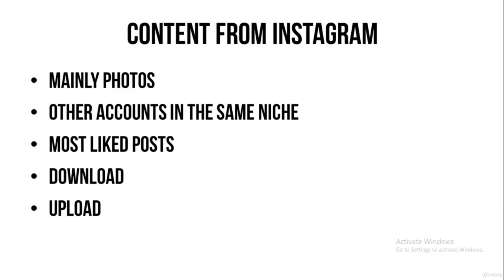You look at their most liked posts, most liked photos. That means that those photos have some virality to them. So now you download those photos and you upload them to your page. You just type in Google Instagram downloader, and you can find a downloader that can download Instagram pictures. It's so simple, I don't even have to show you how to do it.